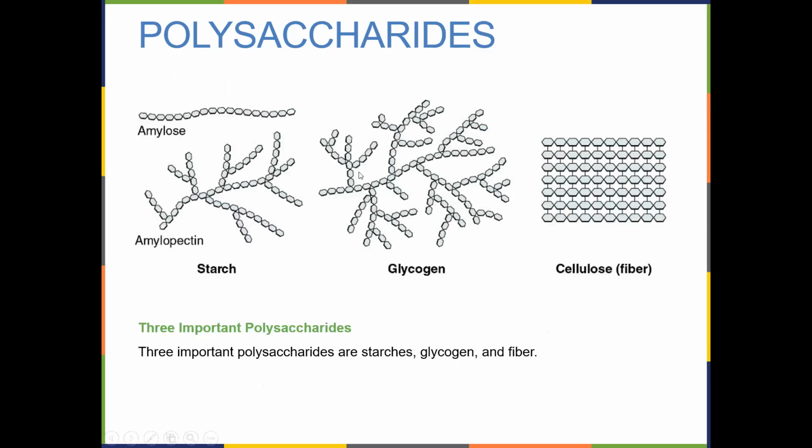So cellulose looks like this. It's very, very dense material. It's what lines the cell membrane, lines the cell. Plant cells have a cell wall, and cellulose makes the cell wall. We eat starch.